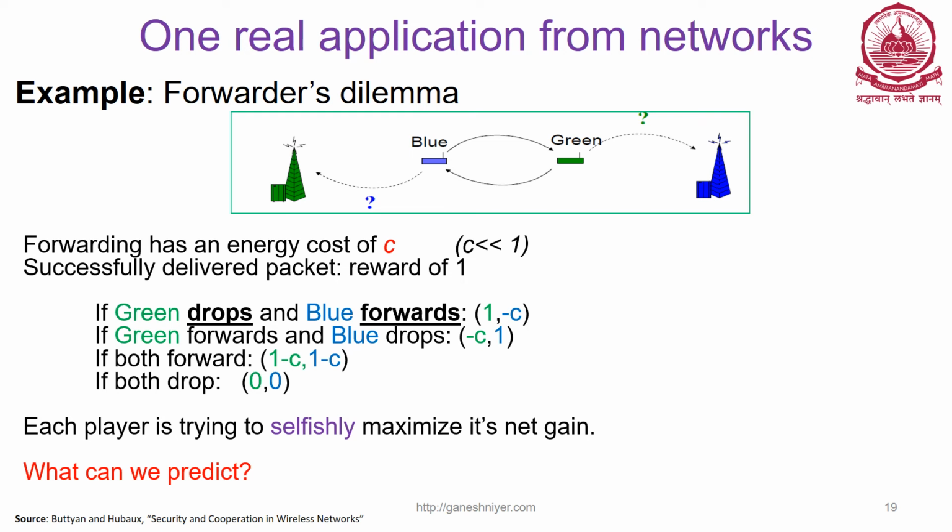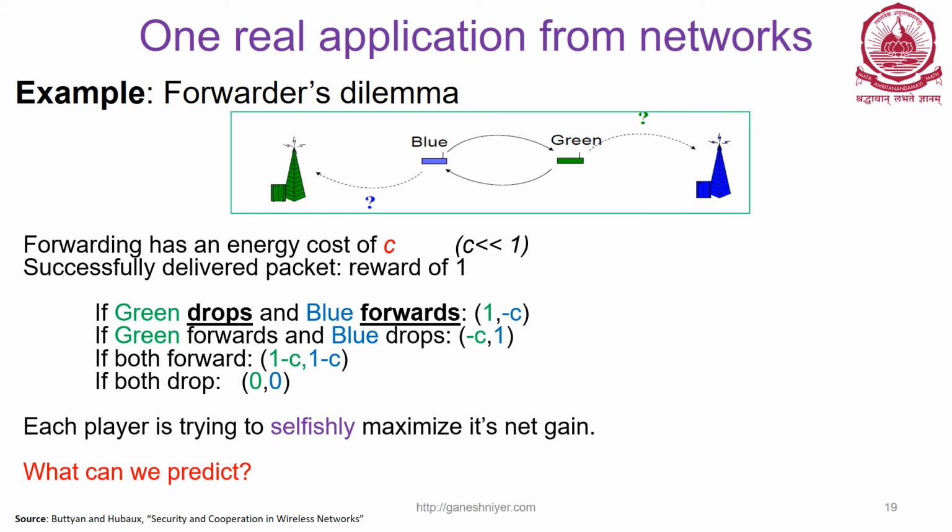Blue forwarding means green's packet will reach the destination, so green will get 1. And blue's packet did not reach the destination, but blue forwarded, so there is a cost involved, so minus C. If green forwards and blue drops, it is reversed. If both forward, it is 1 minus C, 1 minus C.